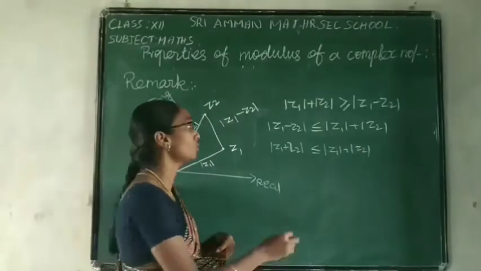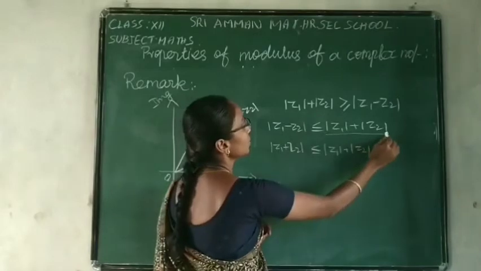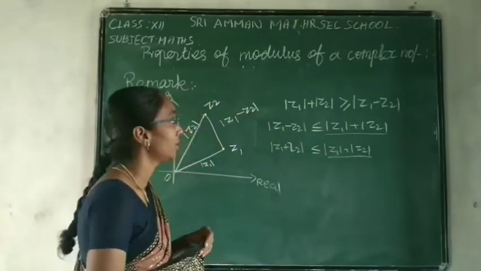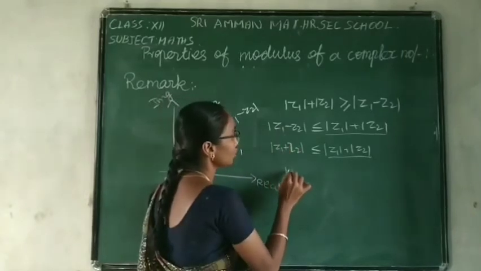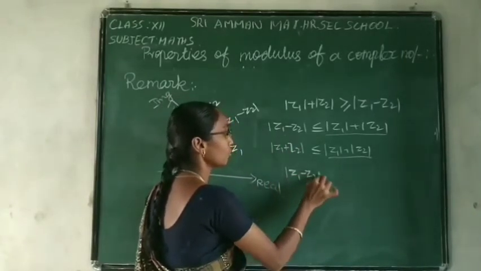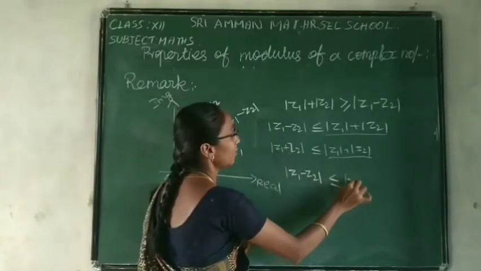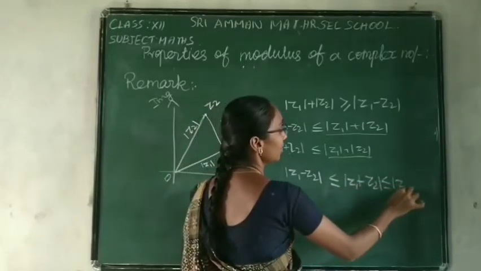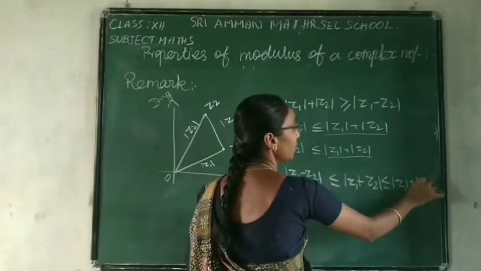So combining these two portions, the modulus of Z1 minus Z2 is less than or equal to the modulus of Z1 plus Z2, which is less than or equal to the modulus of Z1 plus the modulus of Z2.